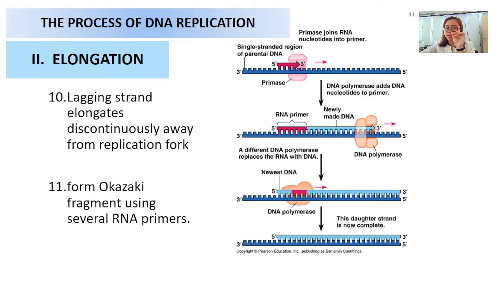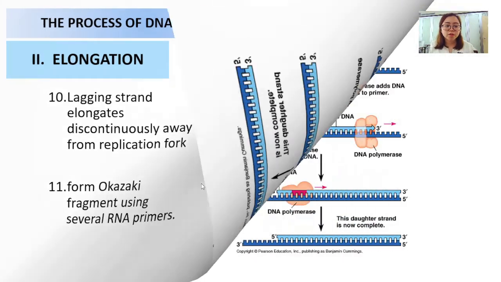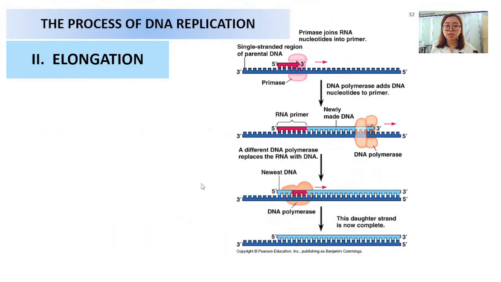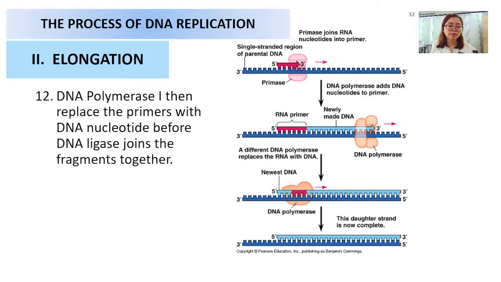Tunggu DNA helicase jalan lagi, baru dia tambah satu primer. Itulah dia terputus-putus. Later, you'll watch the video and you will see this being illustrated. So, those fragments ataupun cebisan-cebisan itu dipanggil sebagai Okazaki fragments. Untuk Okazaki fragment pada lagging strand itu akan digabungkan juga nanti, jangan risau.